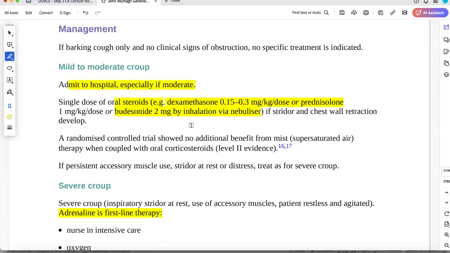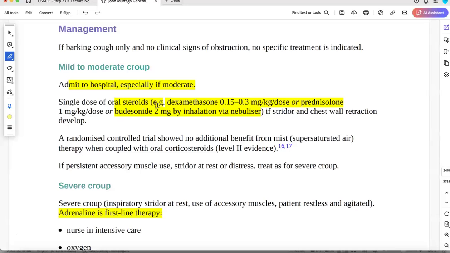If in case the child is still having a little bit of symptoms, the next day the mother can give a second dose of steroid to the child at home. I'm talking not from John Murtagh, but from RCH. That is what is written in RCH, so you have to read from RCH as well.